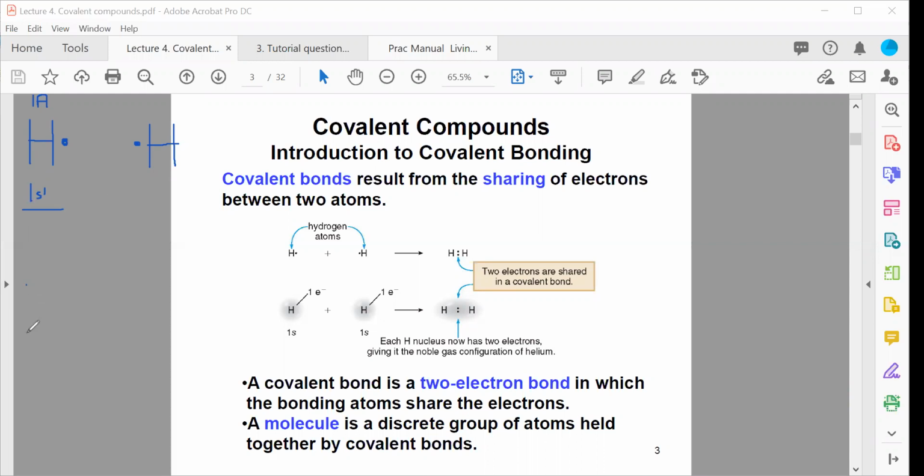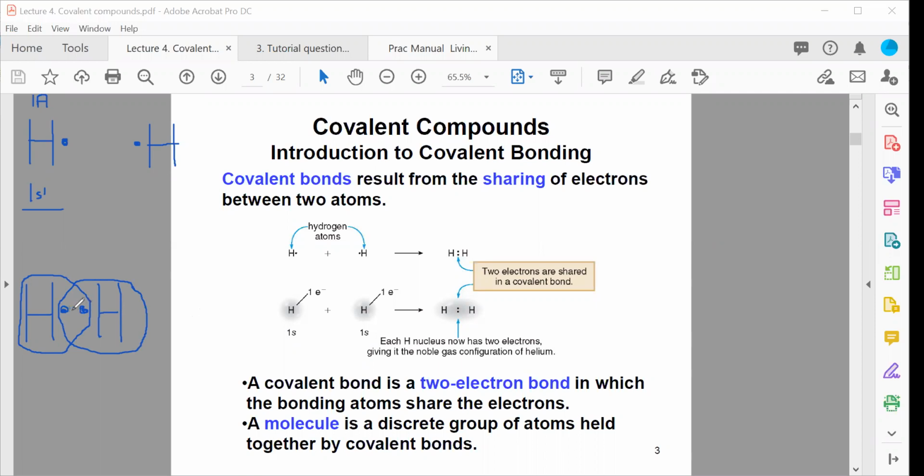But let's look at what happens when 2 hydrogens come together and they share their electrons. In other words, we say that this hydrogen on the left is now surrounded by 2 electrons, and this hydrogen on the right is also surrounded by 2 electrons. That's right, we have what's called a covalent bond between them.